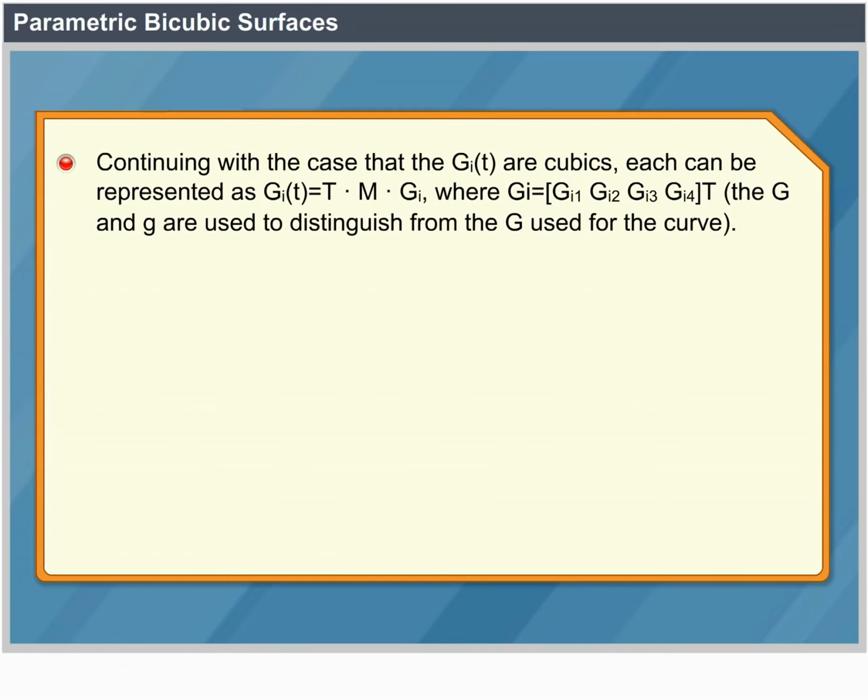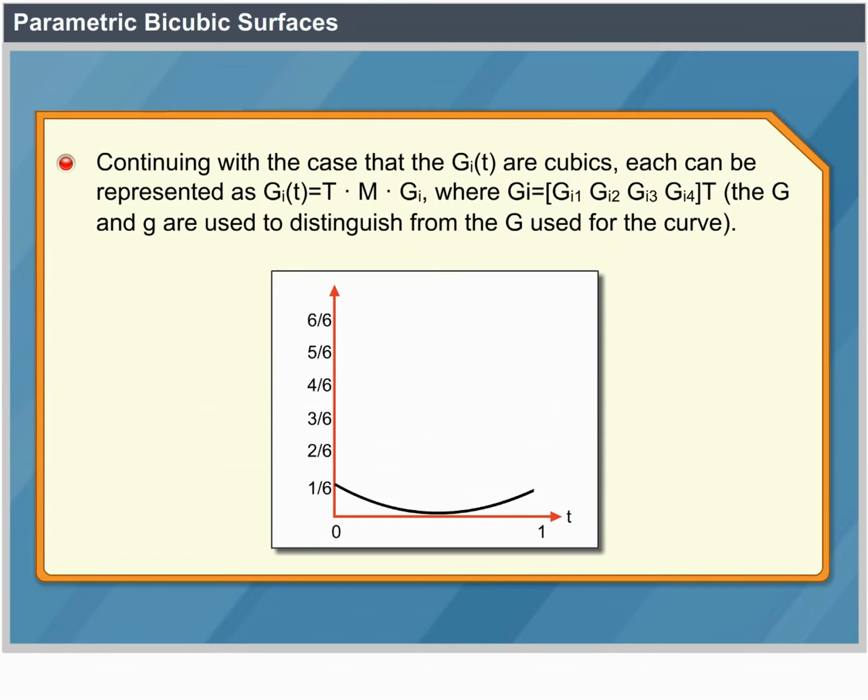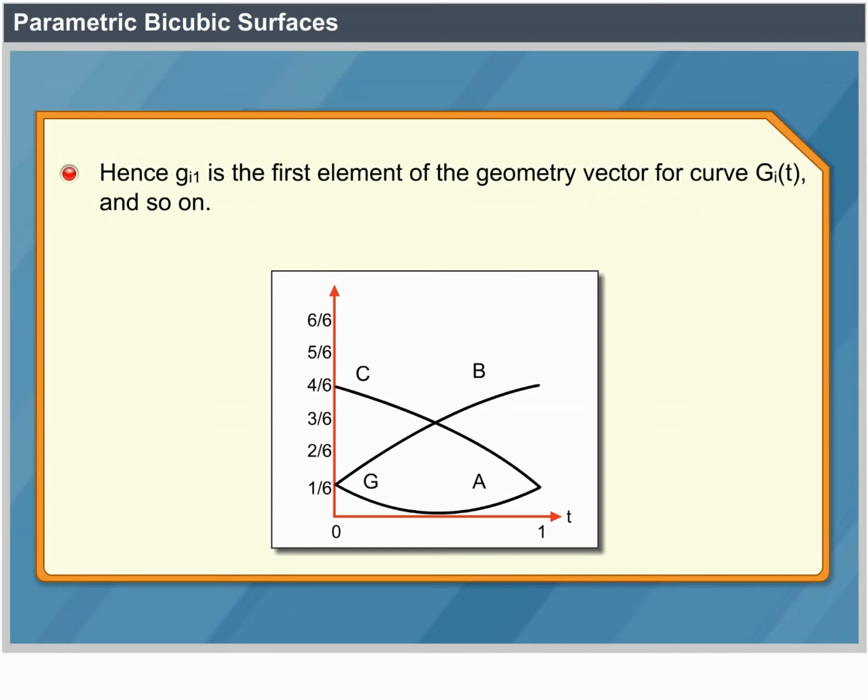Continuing with the case that the Gi of T are cubics, each can be represented as Gi of T equals T and M and gi, where gi equals gi1, gi2, gi3, gi4 transpose. The capital G and small g are used to distinguish from the G used for the curve. Hence, gi1 is the first element of the geometry vector for curve Gi of T, and so on.